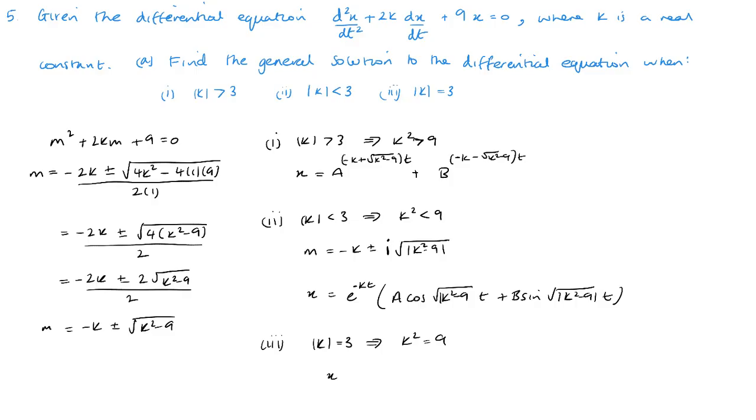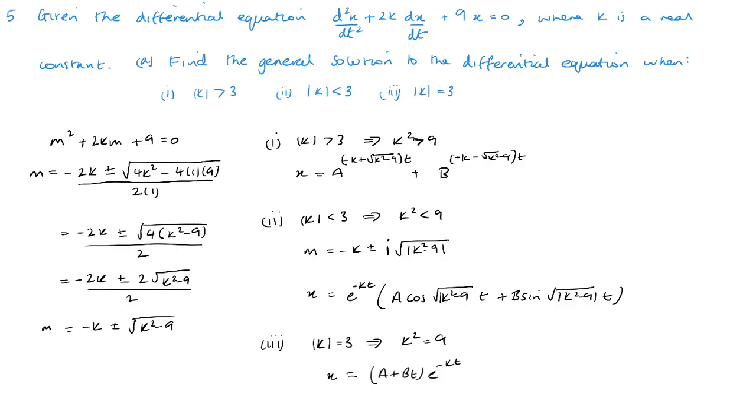So I'm going to get x equals a plus bt, remember t instead of x now, e to the minus kt. Okay, so that is now pretty straightforward. Remember, where this is 0, my only solution is this minus k repeated. So that's part A done.